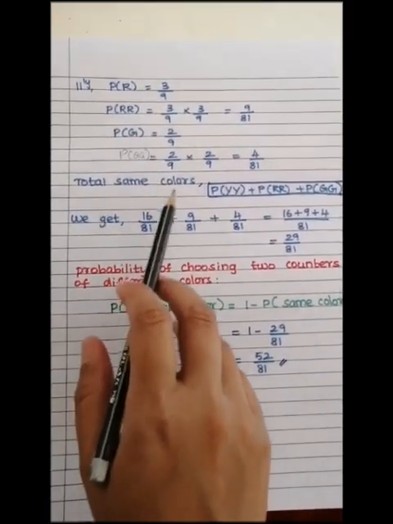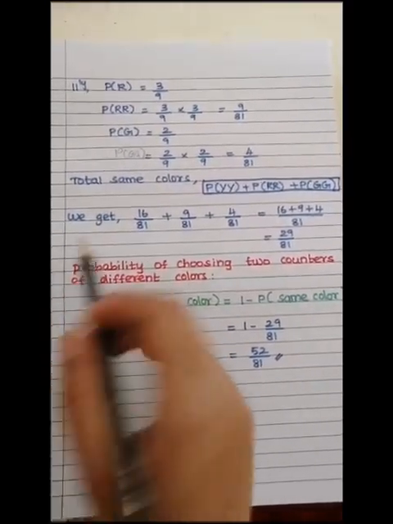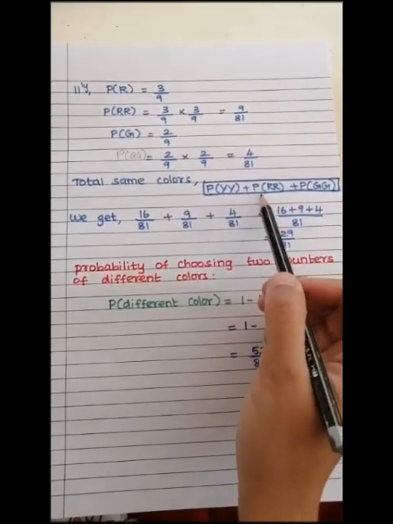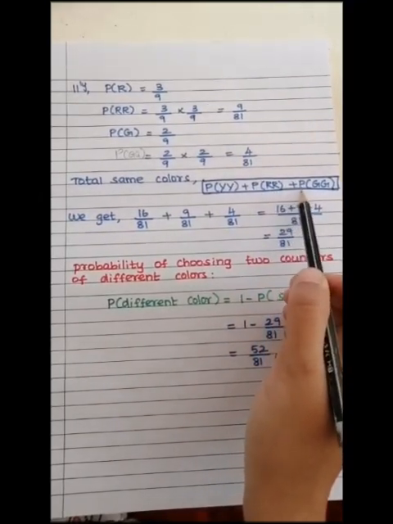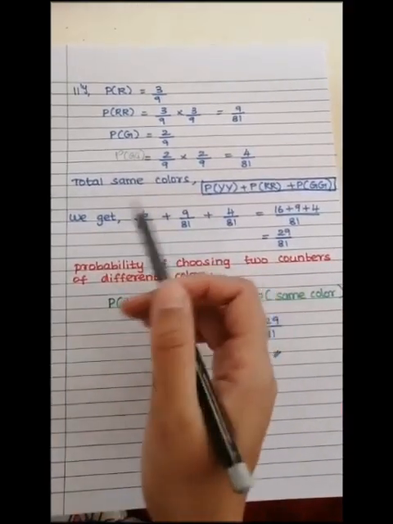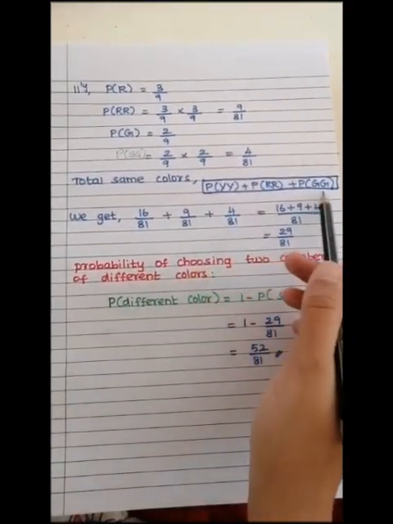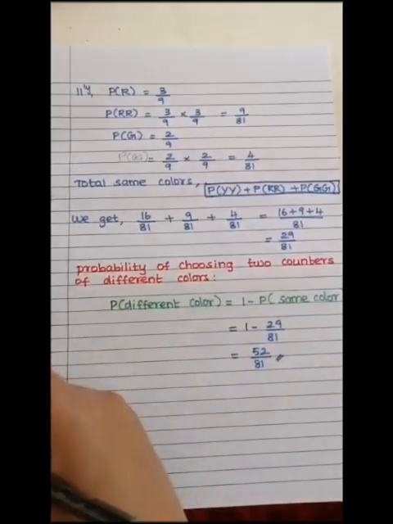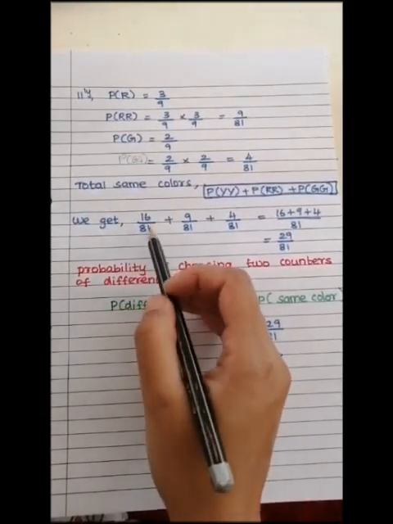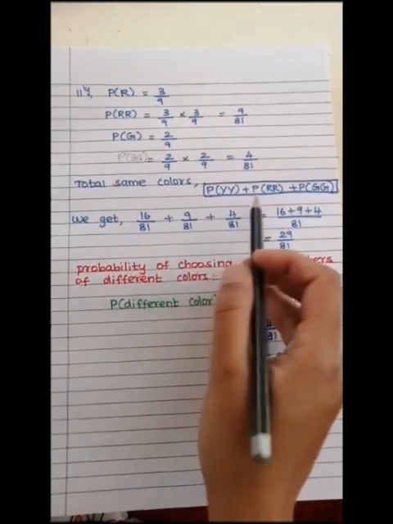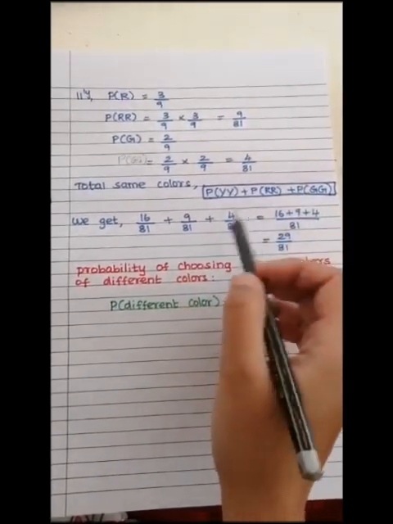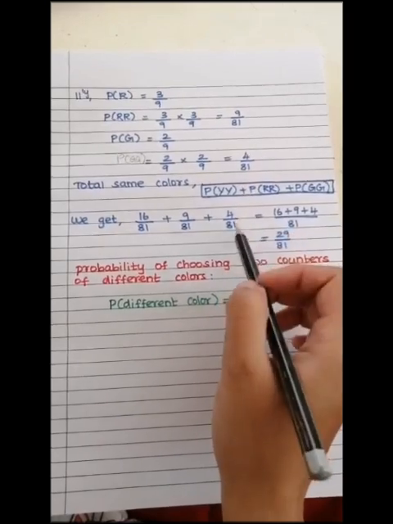Now the total of same colors: probability of YY plus probability of RR plus probability of GG. The probability of YY is 16 by 81, RR is 9 by 81 and GG is 4 by 81.